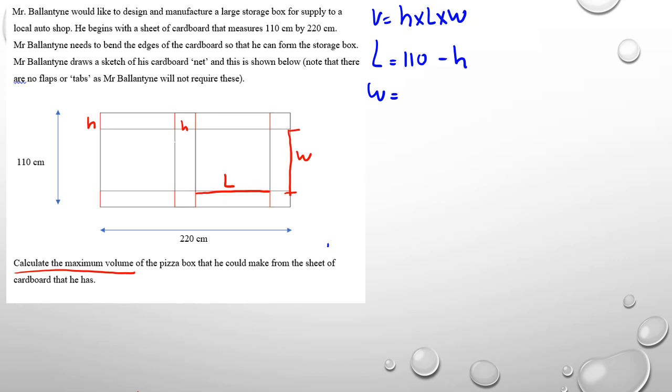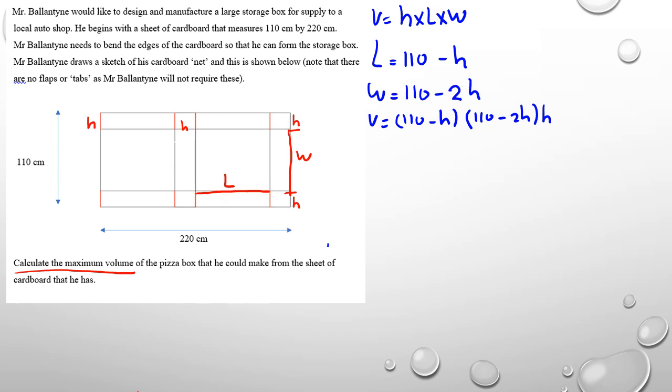The width of the box will be 110 minus 2h, because you notice that I've got a height in here and another height in here. Now I can rewrite my equation as 110 minus h for the length, 110 minus 2h for the width, and then h for the height.